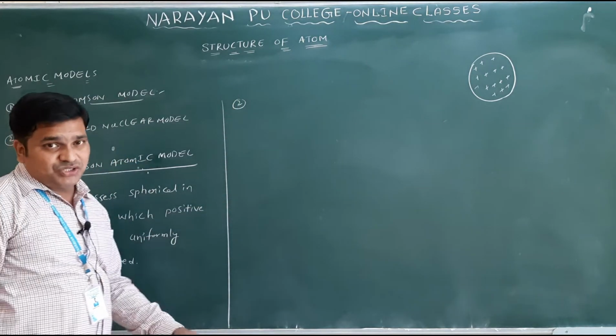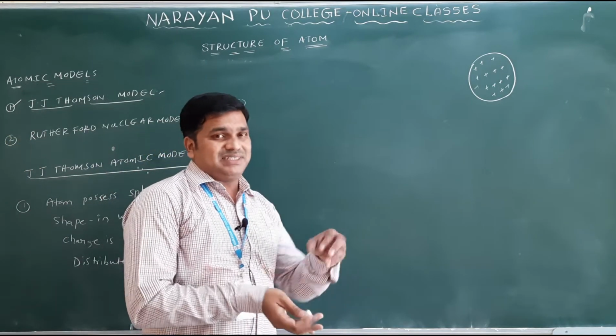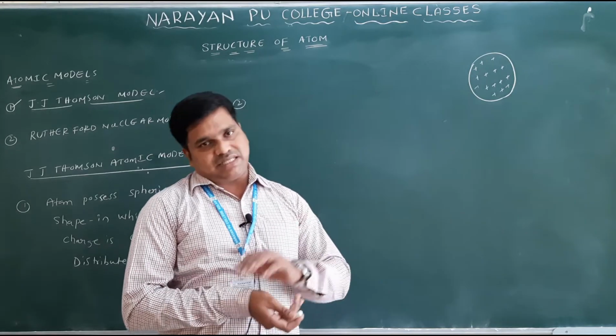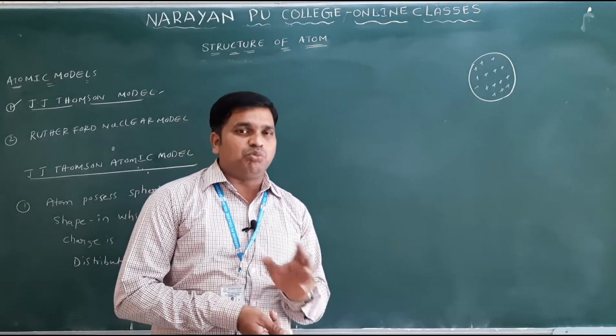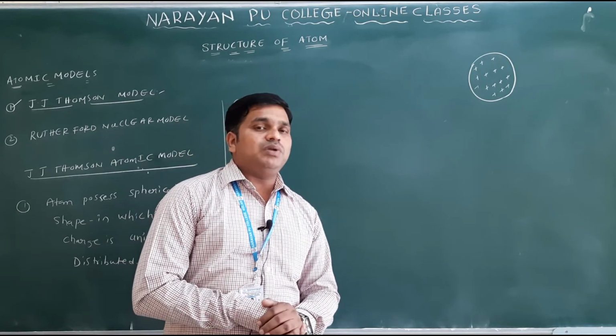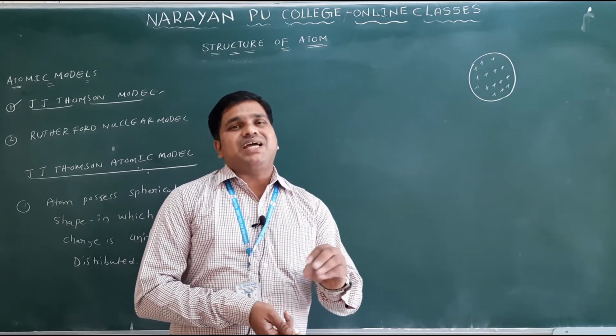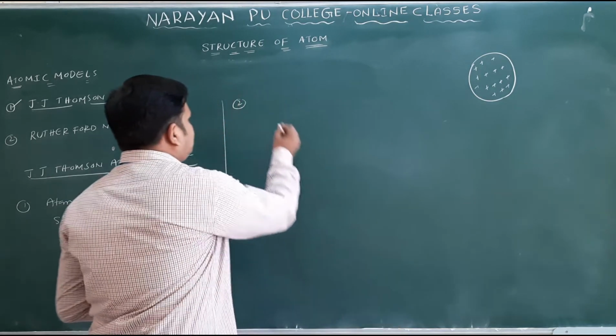Electrons are embedded into it, meaning electrons can be present in this atom. How they are present: they are embedded into it more or less uniformly distributed to give a more stable electrostatic arrangement. This is the second point.